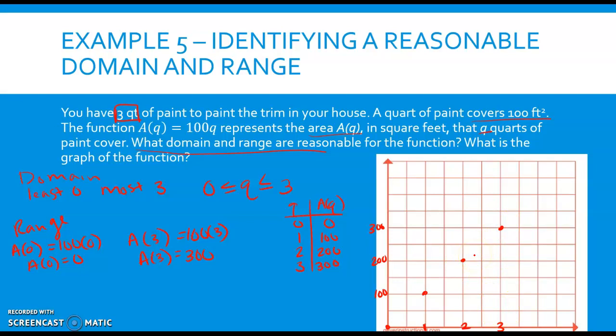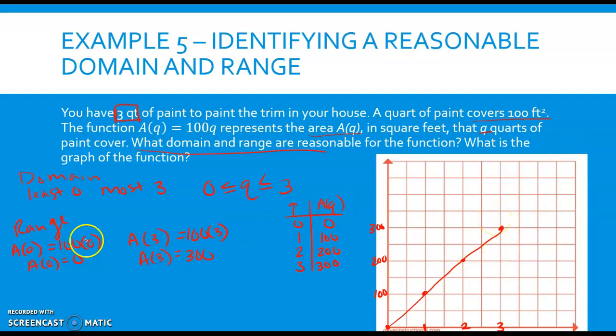And to bring back that continuous versus discrete, because we could use less quarts, it's not just these whole numbers, I am going to connect, but I'm not going to draw through the 3 because my graph ends at 3. 3 quarts is the most that we can do.